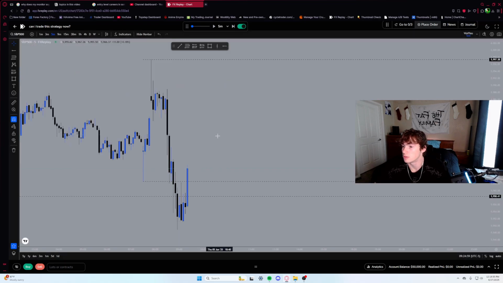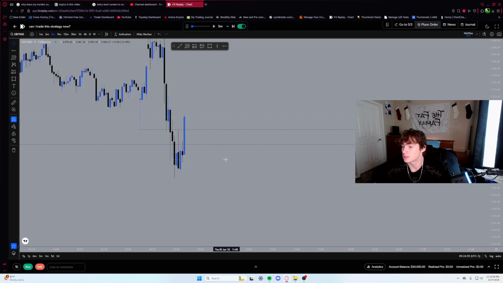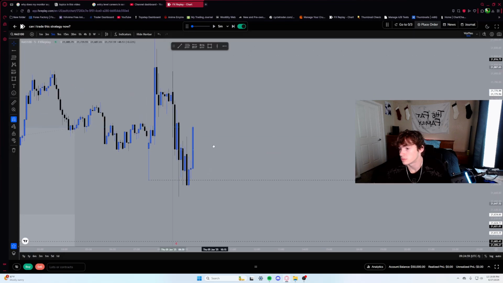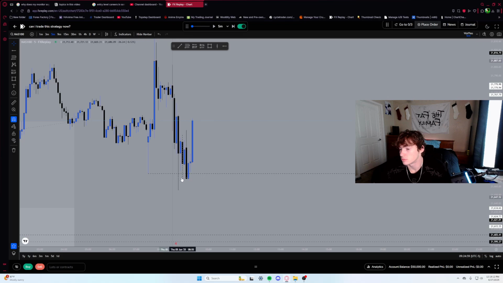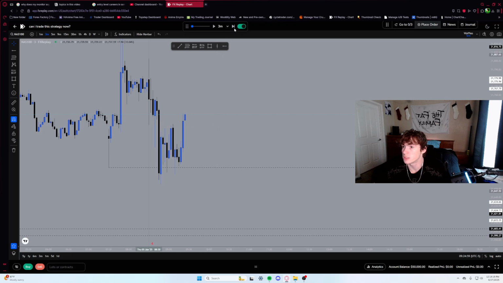That must be a bullish SMT. ES, I don't know what the heck this is. Lower low. Higher low. Lower low. Lower low. 3 minute, wait for a retracement to this fair value gap.